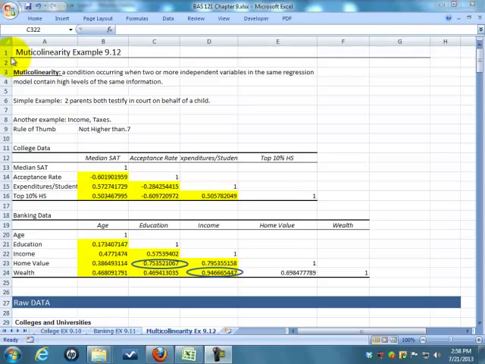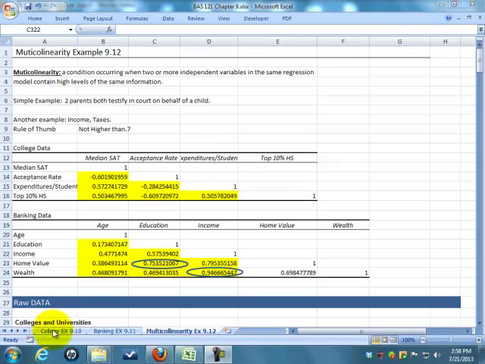We're working on this regression analysis where we have multiple independent variables because it allows us to better explain or better forecast or predict our dependent variable. We started talking about the college university data. Remember, that's where we were trying to predict the graduation rates based on median SAT scores, acceptance rate, and expenditure per student in the top 10%.